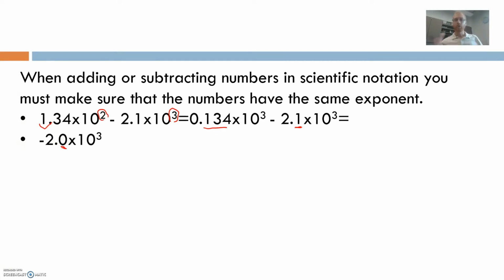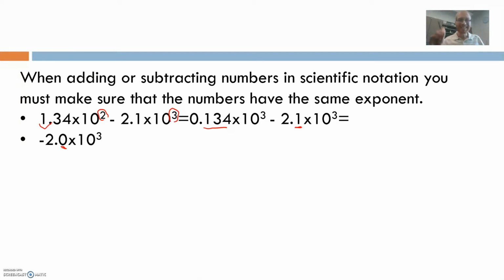Now, usually when you're multiplying a bunch of numbers or dividing or whatever, you're just going to look at all the numbers at the same time, take whichever one has the least number of significant digits and round your answer to that. You don't have to round in the middle. Same thing if you're adding or subtracting a whole bunch of numbers: just look at the whole thing, round to that number of decimal places, okay?